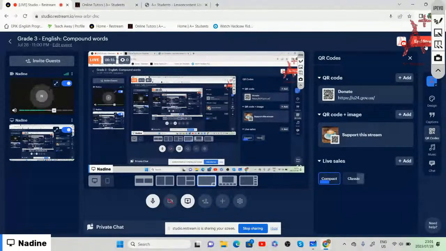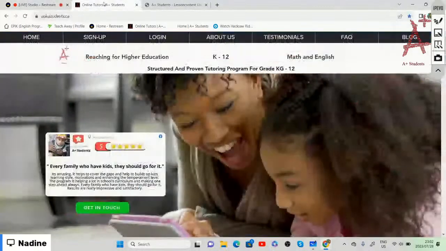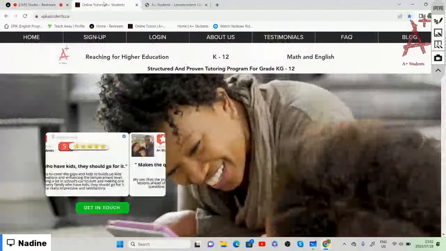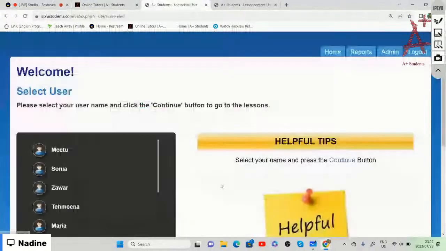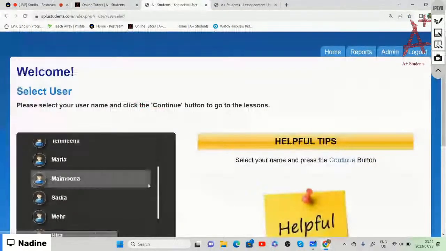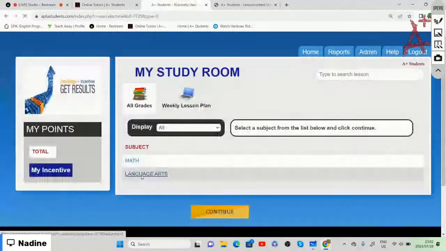All right, so for today, we will be doing a grade 3 English lesson on compound words. Before we start, you are going to log into aplusstudents.ca. Once you've logged in with your username as well as your password, you're going to choose the subject of language arts.